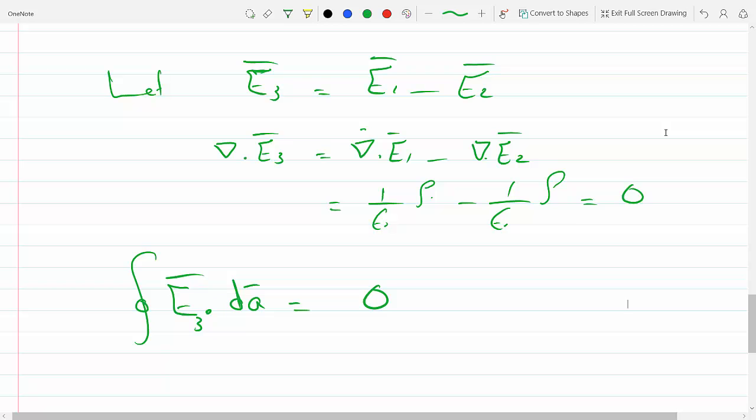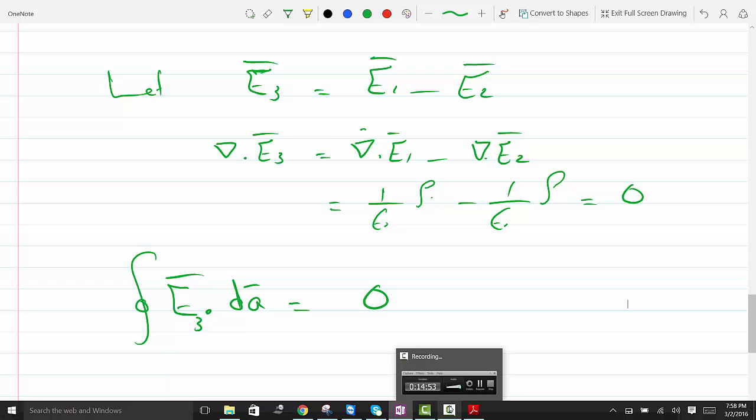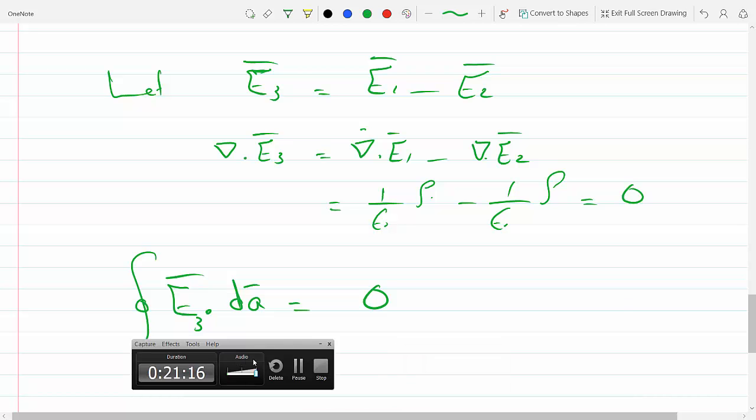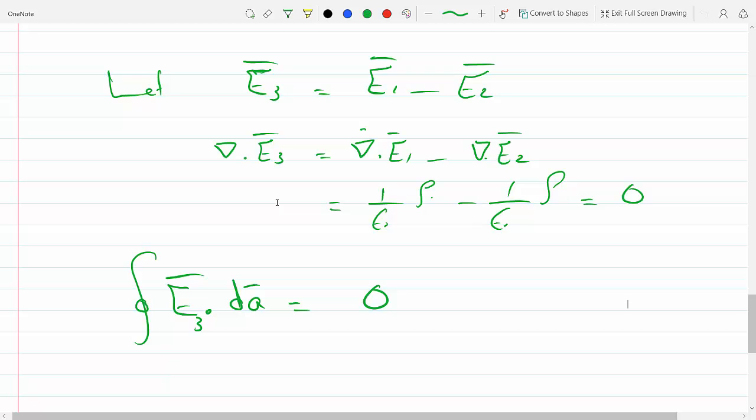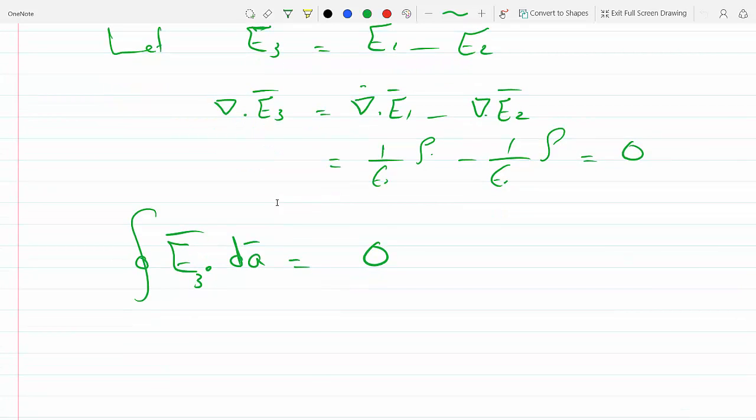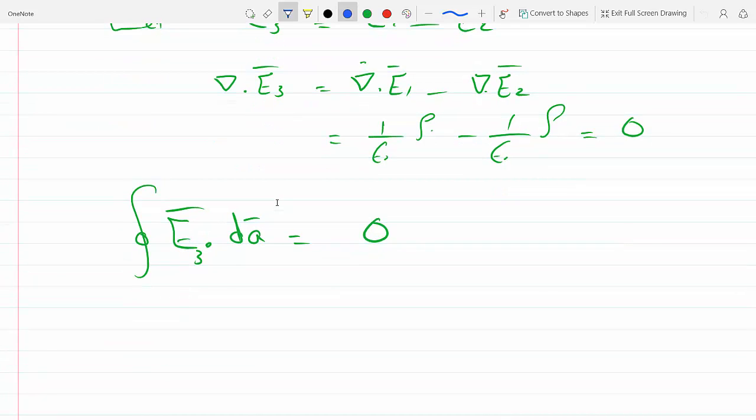Okay, so if that's the case, at this point what we do, Ben, is take the divergence of V3E3, and we'll use the same rule number 5 that we used on distributing the divergence.